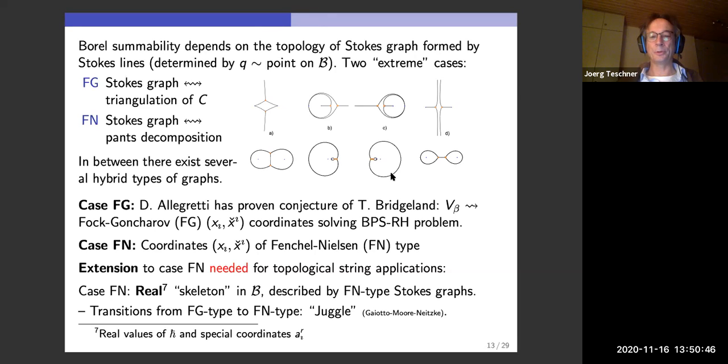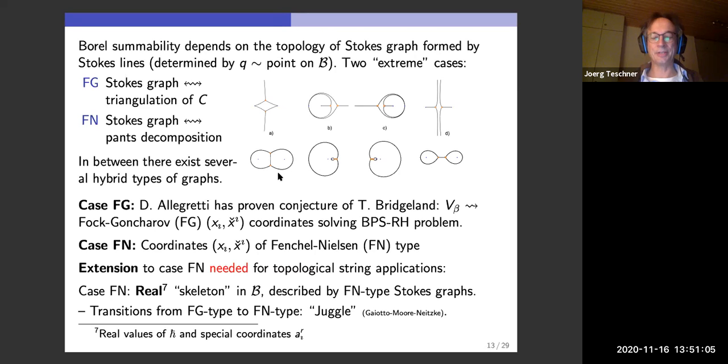If we compare this to the topological string calculations, then we have a similar story there. Namely, we have toric graphs related by flops. And there's a dictionary between the type of toric graph and the Fenchel-Nielsen graph here. Only if you respect this dictionary will you find a match.